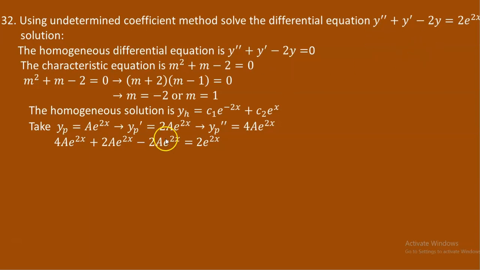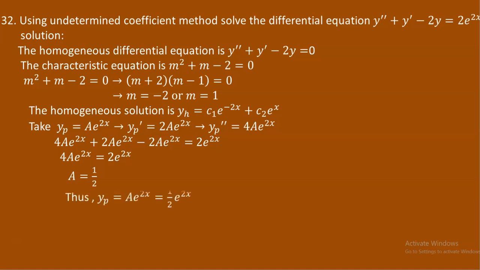So let's simplify here. Look, they all are identical. 4 plus 2 makes 6, 6 minus 2 is 4. So 4a e to the power of 2x must match with 2 e to the power of 2x. So e to the power of 2x can be cancelled on both sides. Then 4a equals 2, and from this a equals 1 over 2 follows.